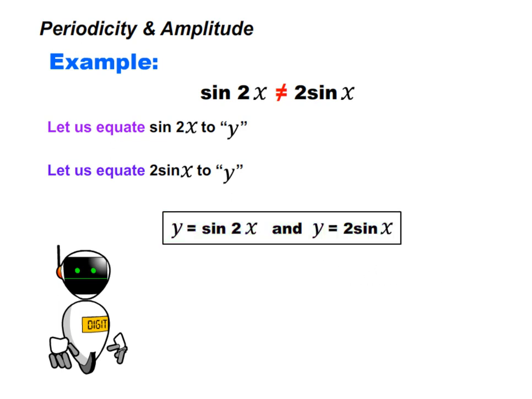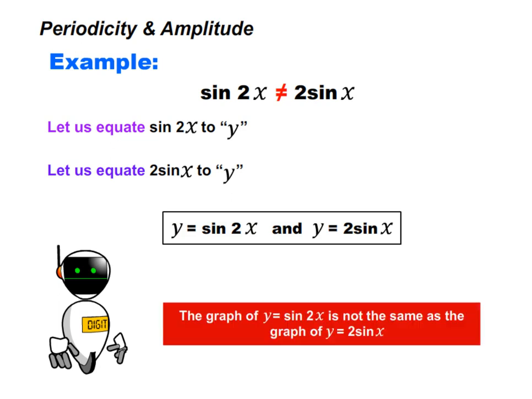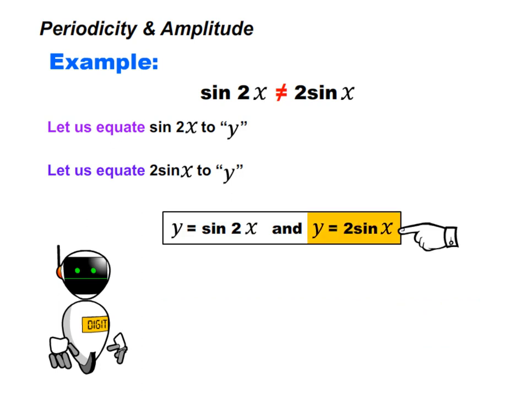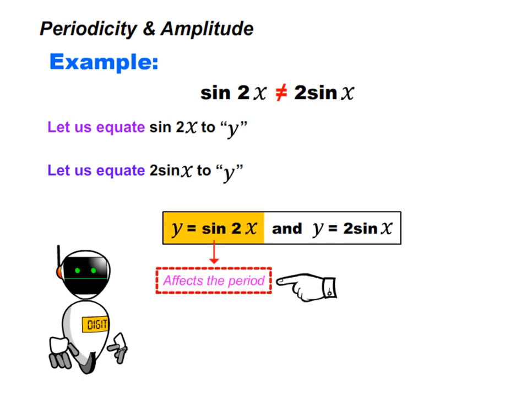I was trying to show you that the graph of y is equal to sine 2x is not the same as the graph of y is equal to 2 sine x. The 2 in the graph of y is equal to 2 sine x affects the amplitude, and this 2 in the graph of y is equal to sine 2x affects the period.